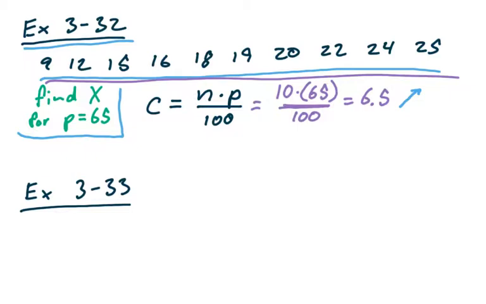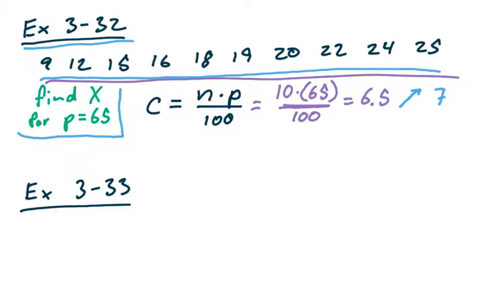Now the procedure aspect of it kicks in. We did the formula, and now we're going to do the counting. This is going to bump up or round up to 7. If C is not a whole number, round it up to the next whole number. So C is now 7.